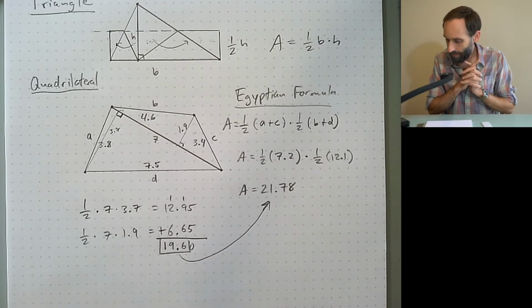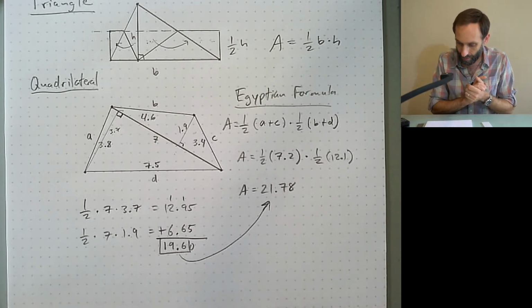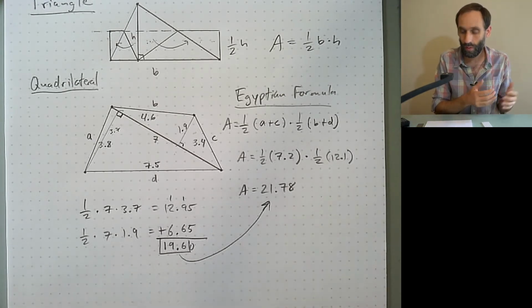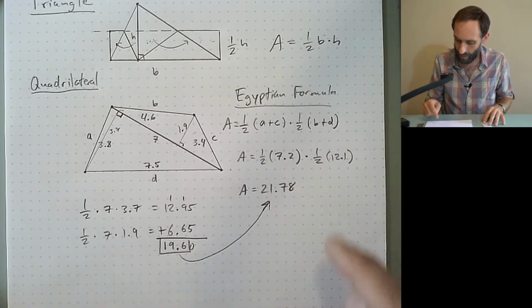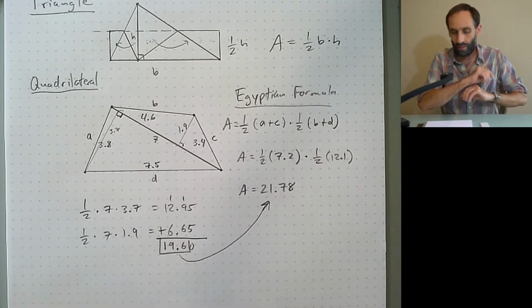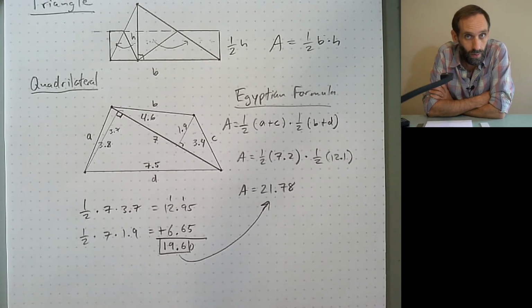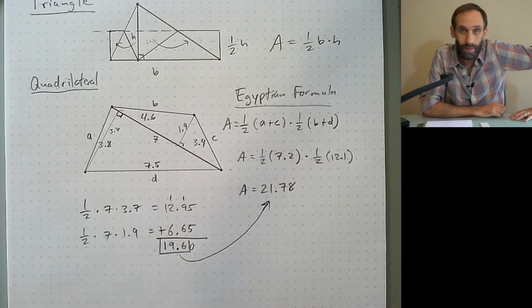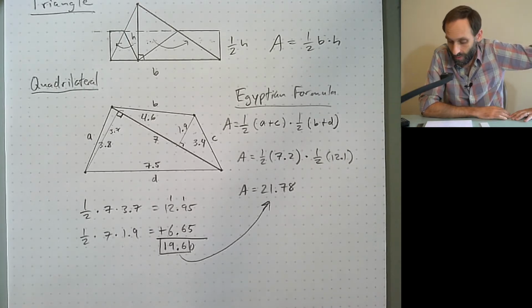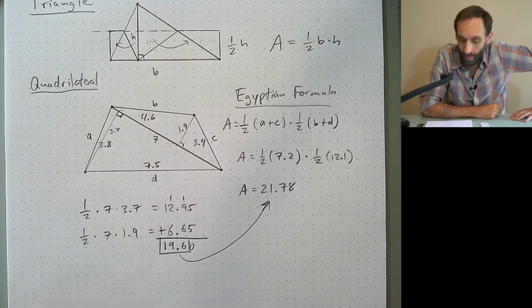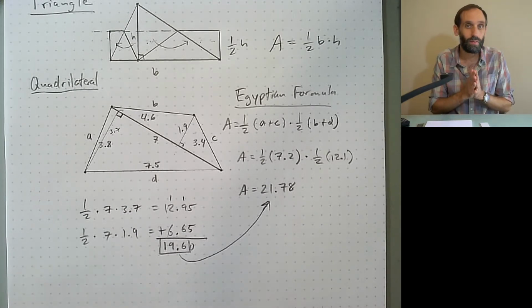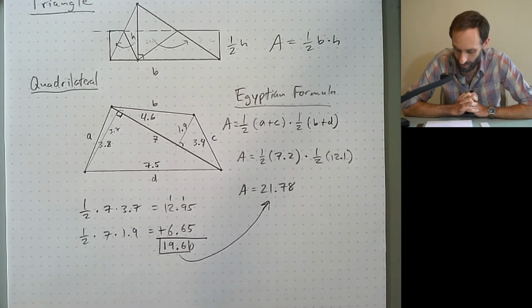So if the tax collector showed up with their formula and measured everything and said, okay, so you have 21.8 square whatever units of land. So let's say it's one silver coin per square unit. All right, so you owe us, let's round to 22 silver coins.